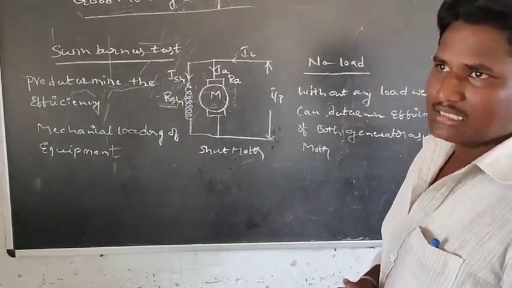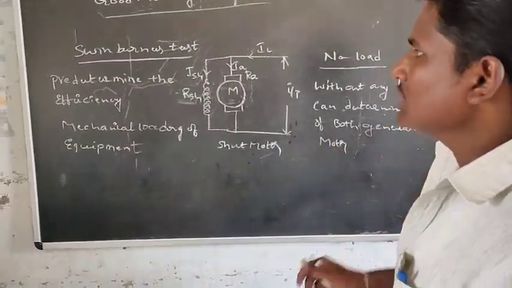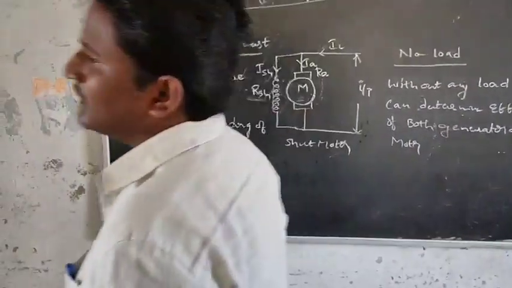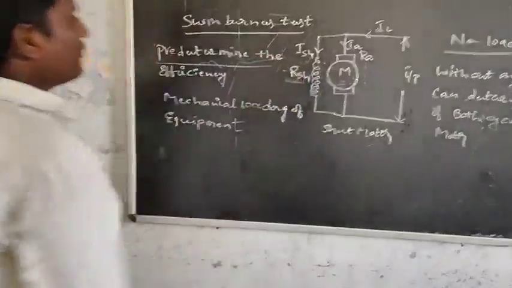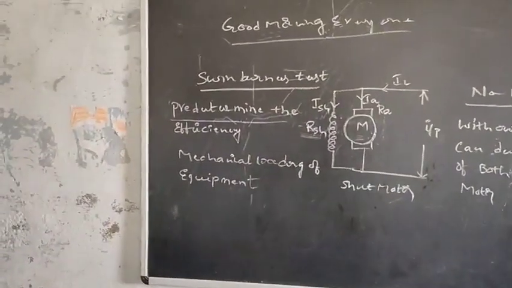For a generator, electrical is the output, and I am not putting any load. So without loading, we can determine it. That's why we call it a predetermination test.